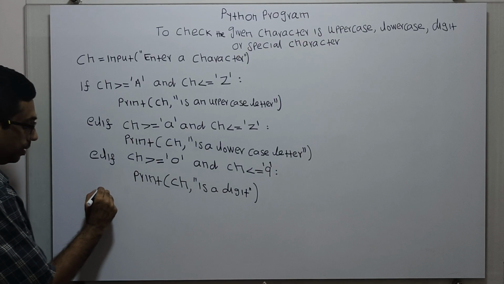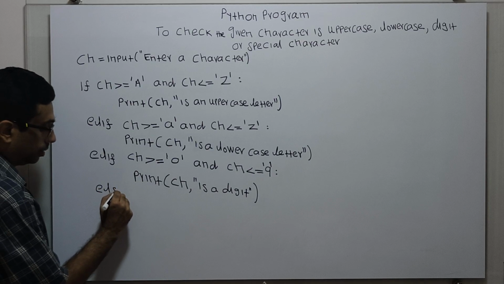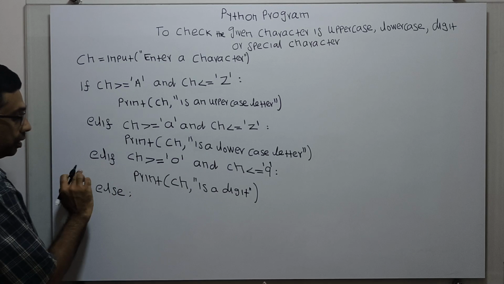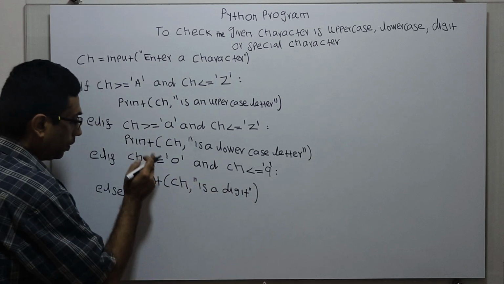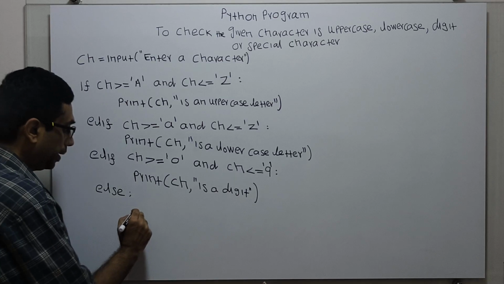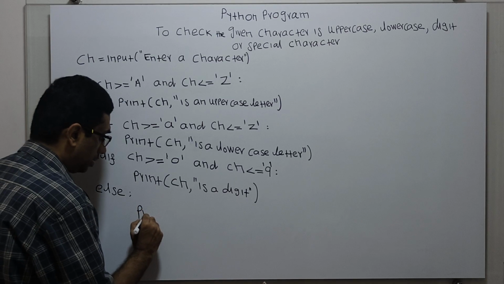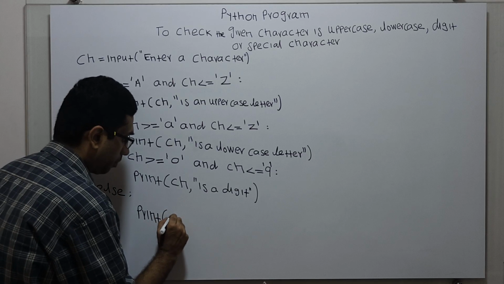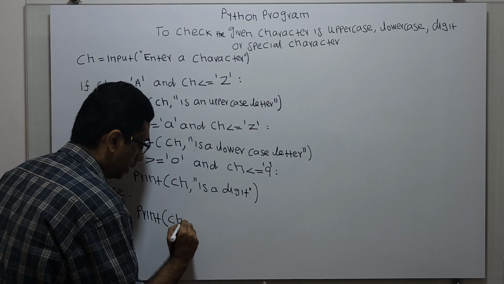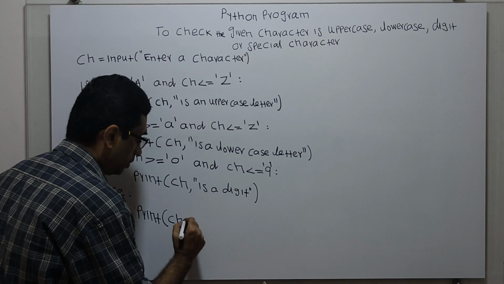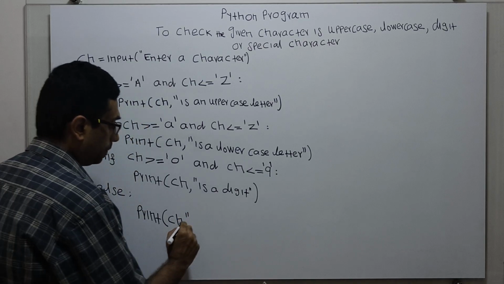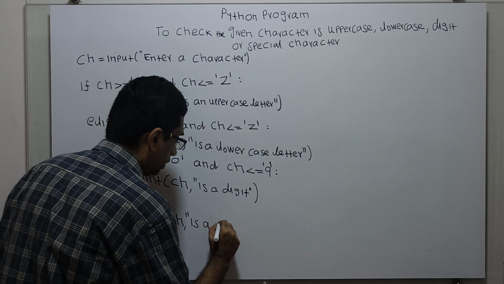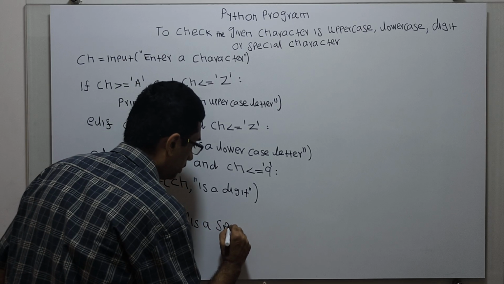So I am writing else, colon. If this elif condition is also false, the control will come to the else. Here I am printing ch followed by a string "is a special character".